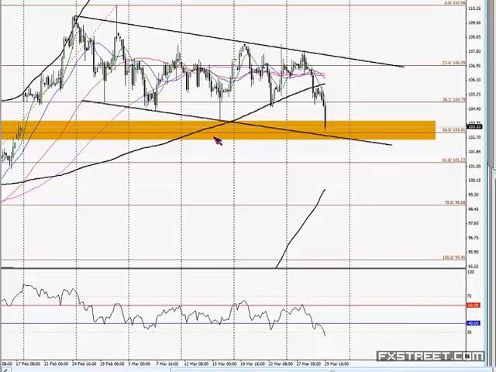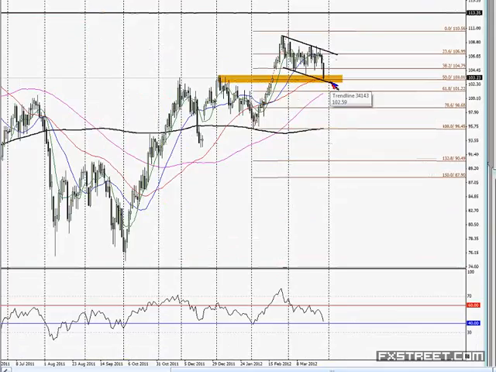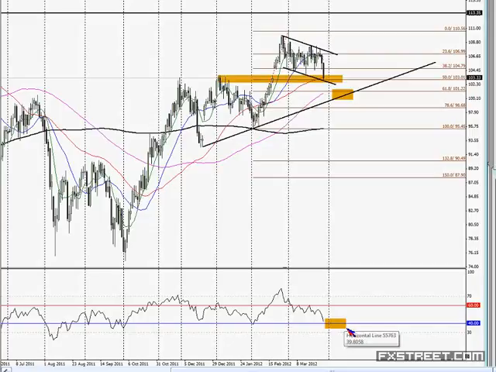Let's go to the daily chart. But I think we're going to see some reaction here. If we don't get 103, the next support area is 101, a rising trend line. Look at the RSI as it nears 40.